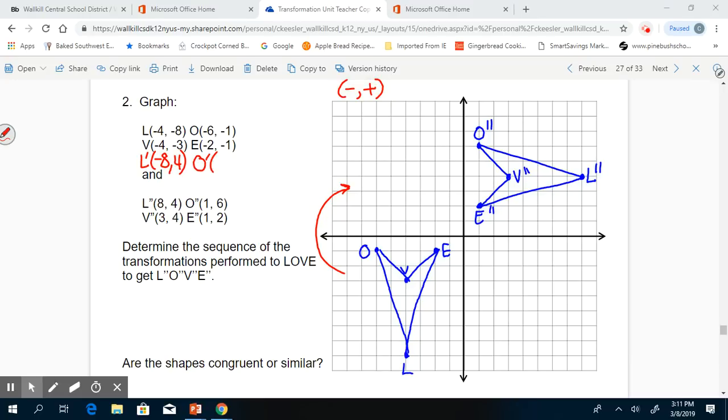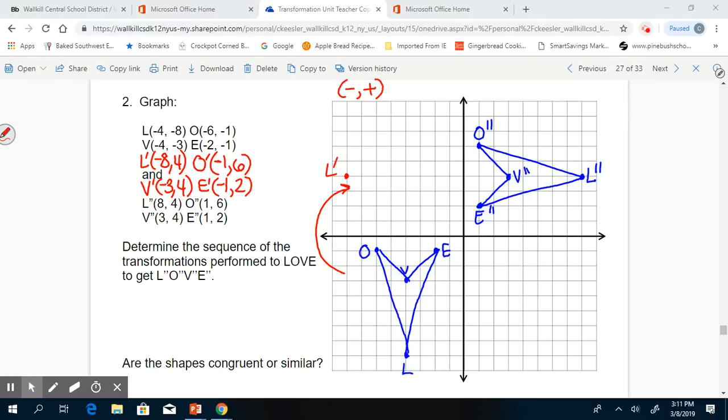O prime is going to be -1, +6. Switch and apply the new signs. V prime is going to be -3, +4. And E prime is going to be -1, +2. So we can go ahead and graph those. -8, +4 would be left 8, up 4.